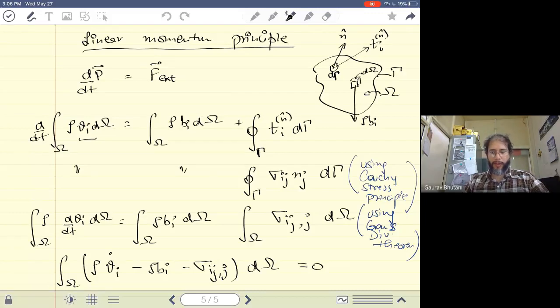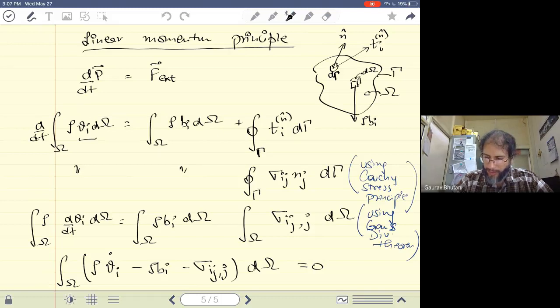So that's the equation we have. Now again, by the same ideas that we have used in the past, now this integral is over a volume which is arbitrary. I told you in the beginning that omega may not be the complete body. It may be a subset of the body.